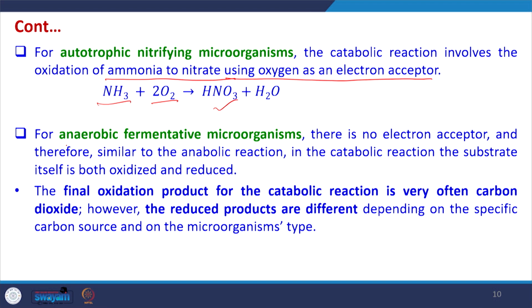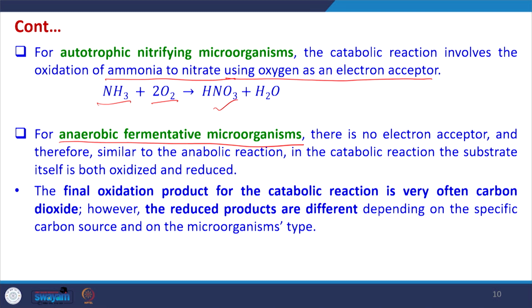During the anaerobic fermentative microorganism reactions, there is no electron acceptor, and therefore, it is similar to the anabolic reaction which was shown earlier. So, in the catabolism reaction the substrate itself is both oxidized and reduced as was the case earlier.